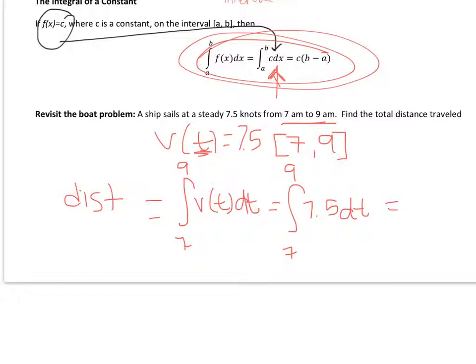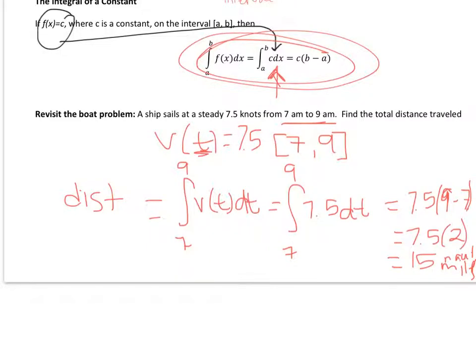And then that's going to equal 7.5 times 9 minus 7, which would then be 7.5 times 2, which is the 15 nautical miles that we found in class last time.